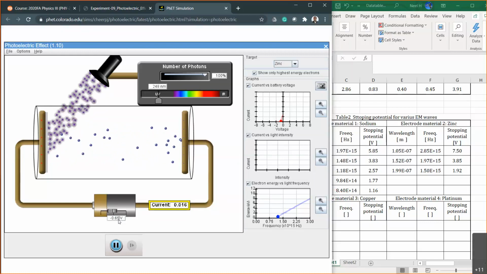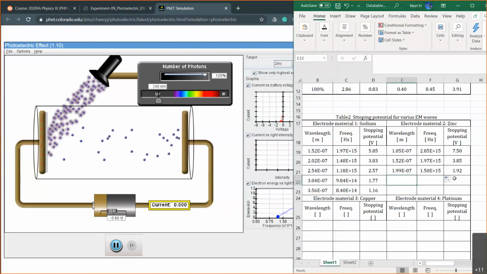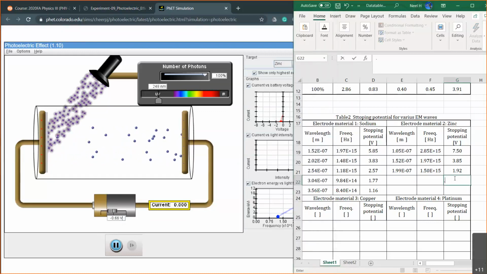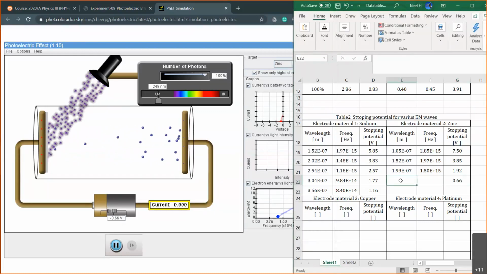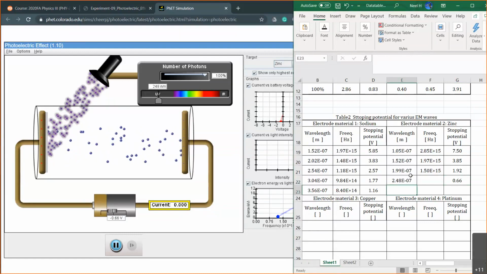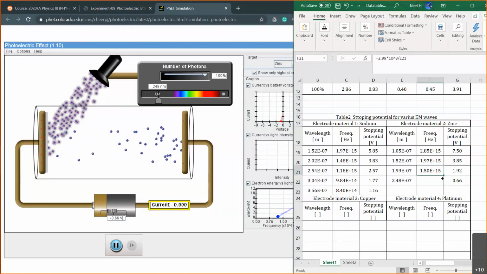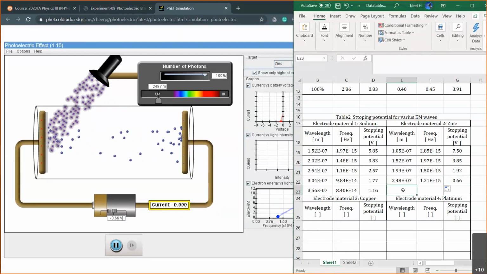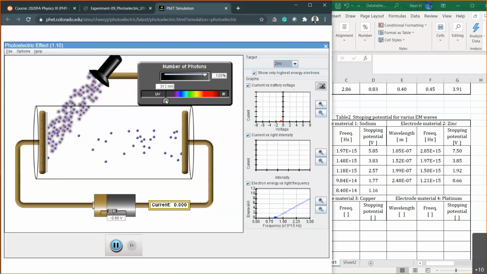We have a number. So the best we can get is 0.66 of reverse potential, and the wavelength is 248 multiplied by 10 to the power minus 9. Frequency, click and drag. And let's try one more data point. Let's try around 300.